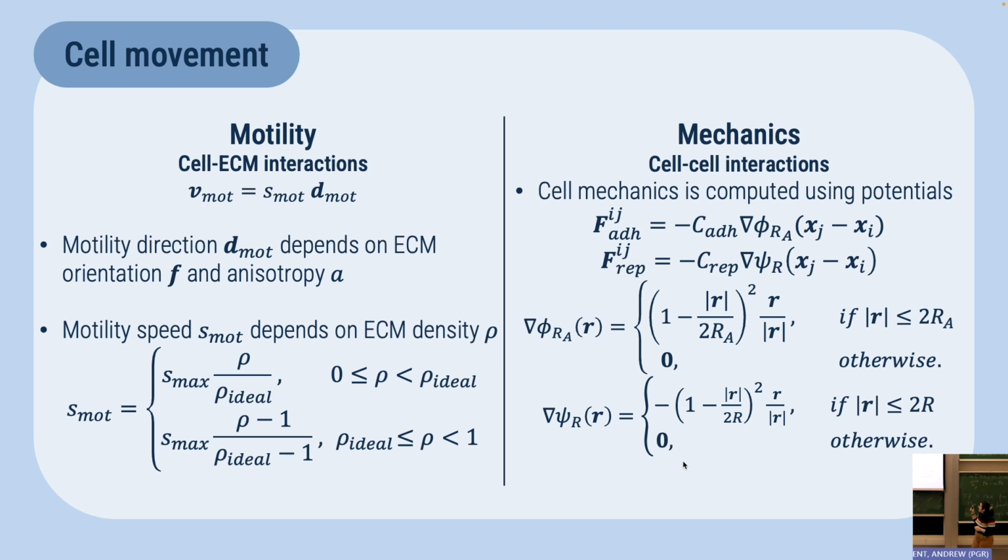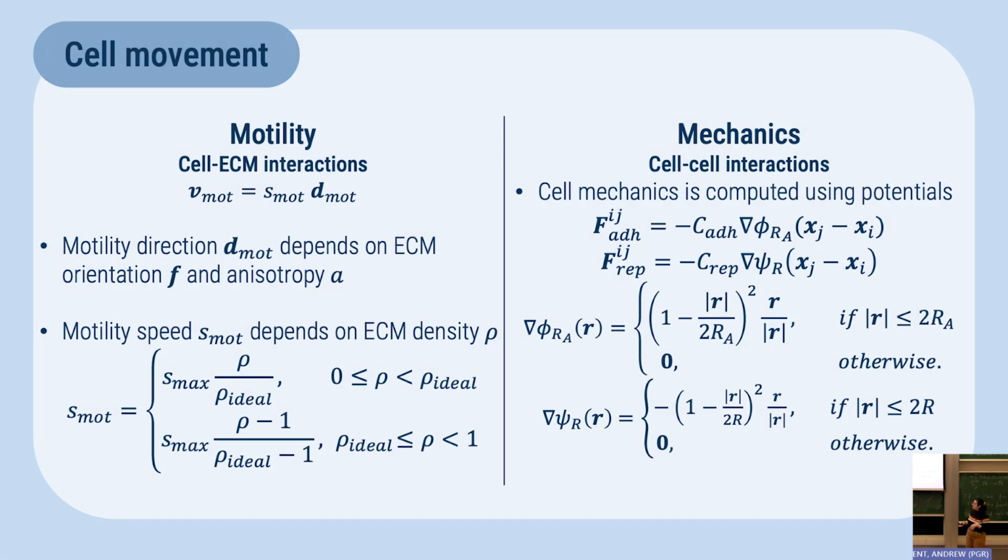For the mechanics, which represent the cell-cell interactions, this is actually predefined in PhysiCell. PhysiCell defines 2 different forces and 2 different potentials, an adhesion and a repulsion potential. The adhesion potential wants to mimic how the cells, with these little protrusions, adhere to each other and pull the neighbors towards them.